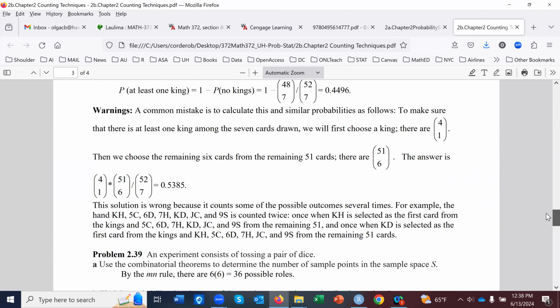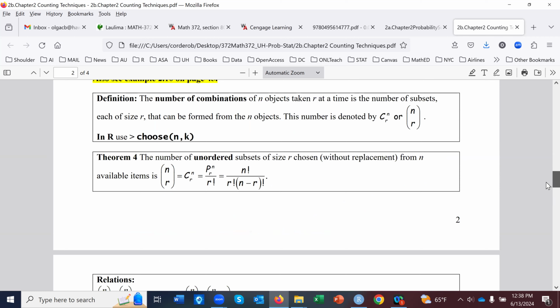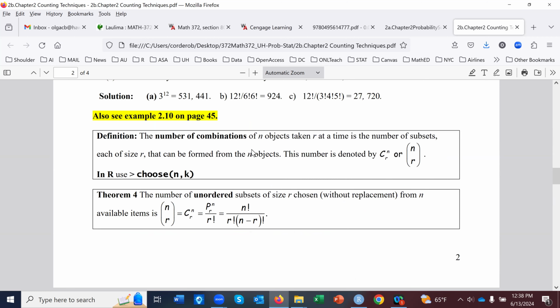So let me define it: the number of combinations of n objects taken r at a time is the number of subsets of size r that can be formed from n objects. This number is denoted C, for combination, of n choose r, or we say n choose r.